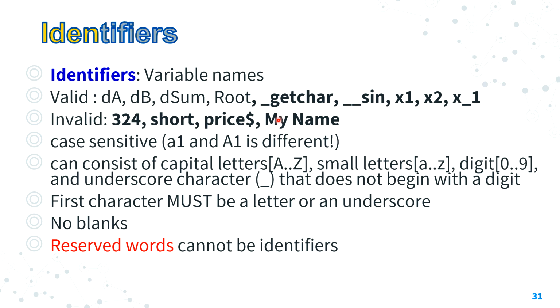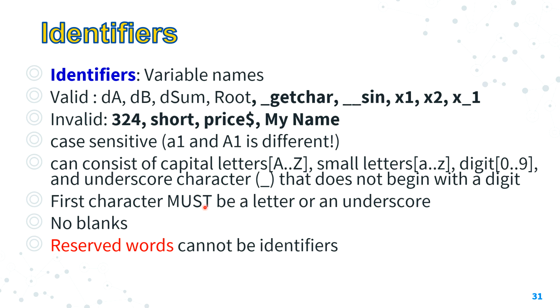For example, identifiers are also case sensitive, which means the lowercase a1 and the uppercase A1 are treated as two different identifiers in C. There must be no spaces in an identifier, and we cannot use special characters like @ or any other special characters.